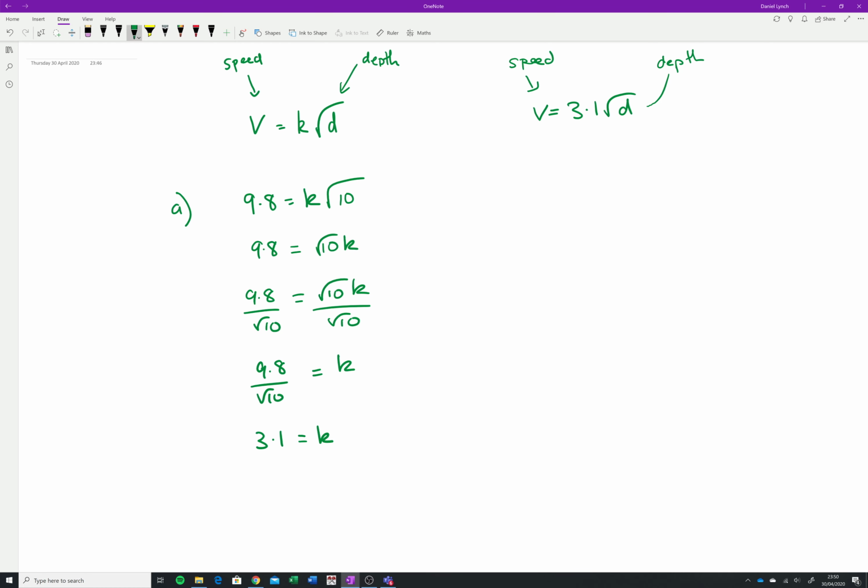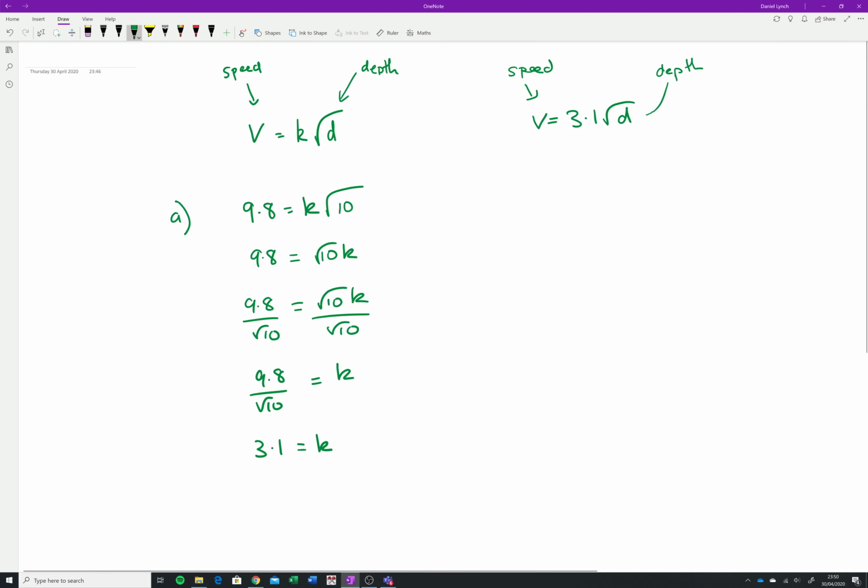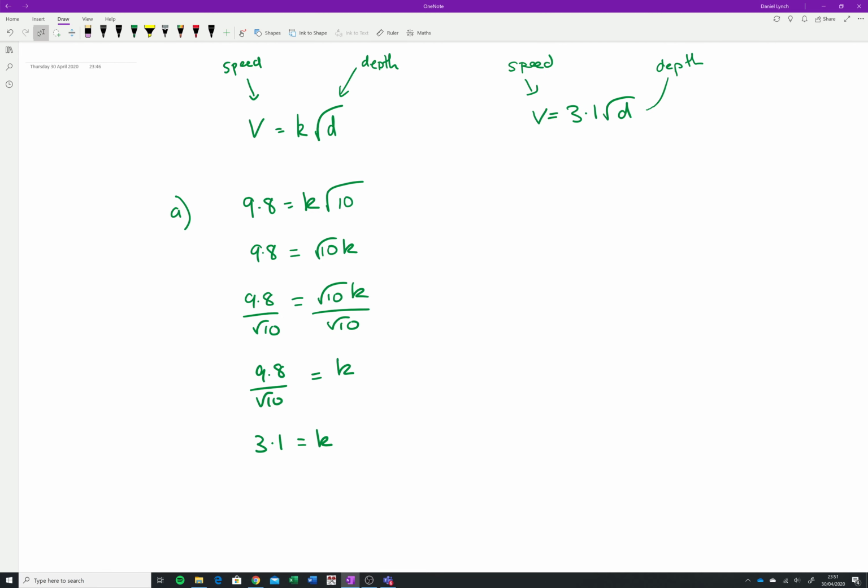So there's only really one way to do this. They're either giving us the speed and we get the depth, or they give us the depth and we get the speed. In this one it says find the speed of a tsunami at an ocean depth of 3 kilometers. So they are giving us the depth. This is the B part: v, find the speed when the depth is that.